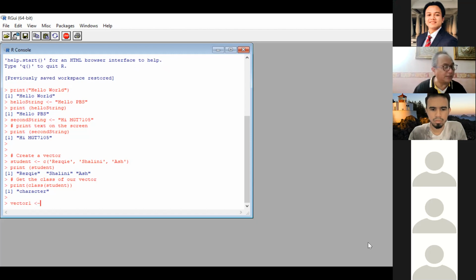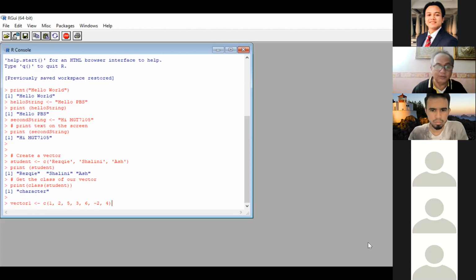This is how you put data into the vector. You can put in 1, 2, 3, 5, 3, 6, minus 2, and then you can put 4. So yeah, this is a numeric vector.